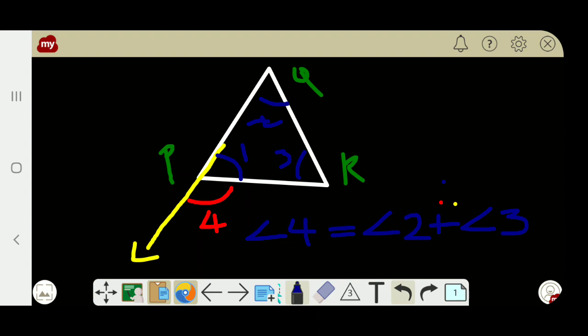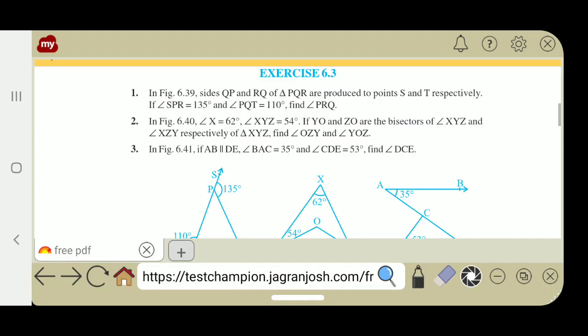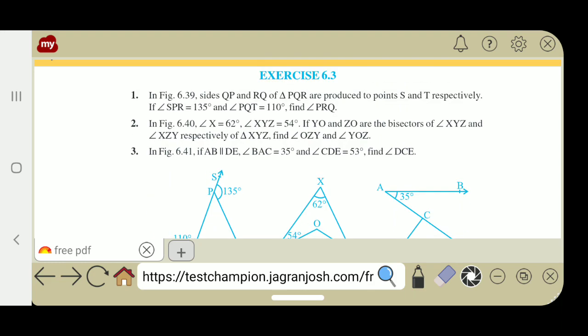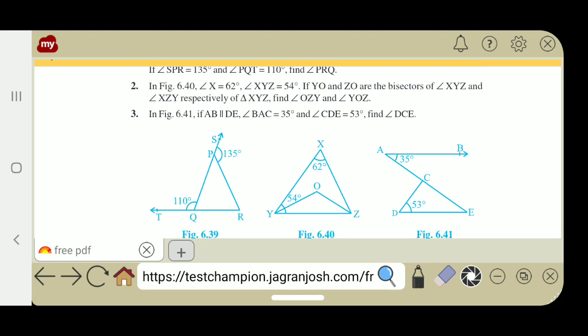Okay, dear children. Now we can do some problems given in the exercise. Exercise 6.3. In the given figure, QP and RQ of triangle PQR are produced to the points S and T respectively. Here, a triangle PQR and which other sides are produced? QP and RQ.